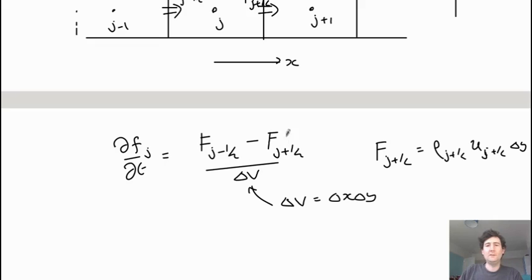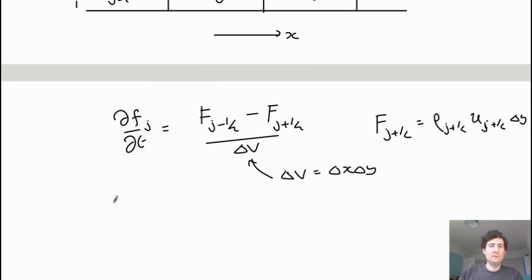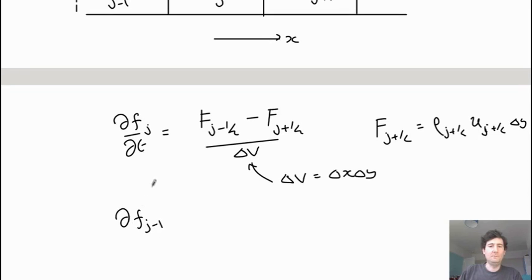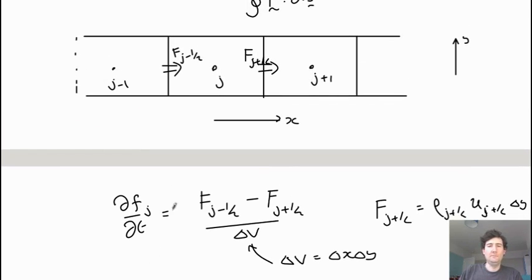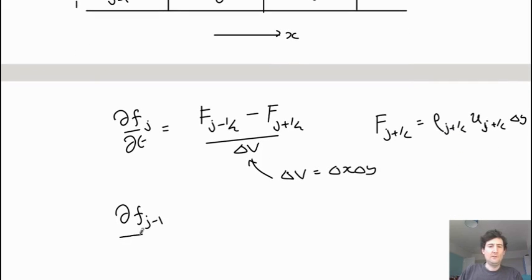The point of writing it in this form is that now we can change what these fluxes are. Because if you write down the equation for f at j minus 1, for example, the equation for what f is in this cell here, it has the same form, except we now use these fluxes again.